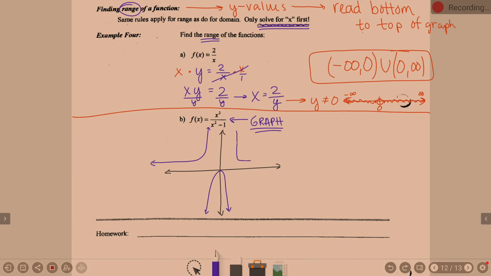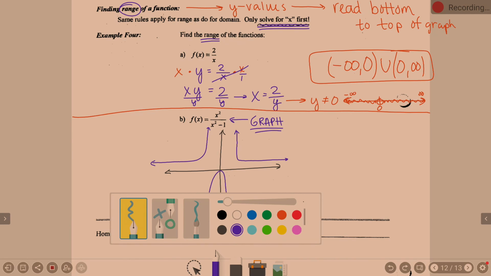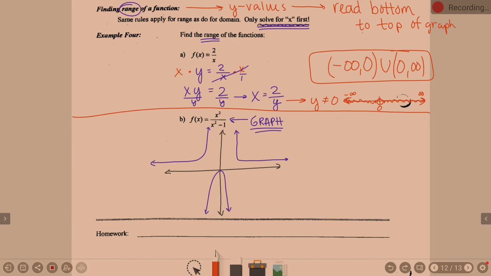Okay, not exactly, but good enough. You get the idea. Okay. Now, what are we trying to find? We are trying to find range. Range is in terms of what? Y's. I'm putting that there just because it is so easy to forget and go back to domain.